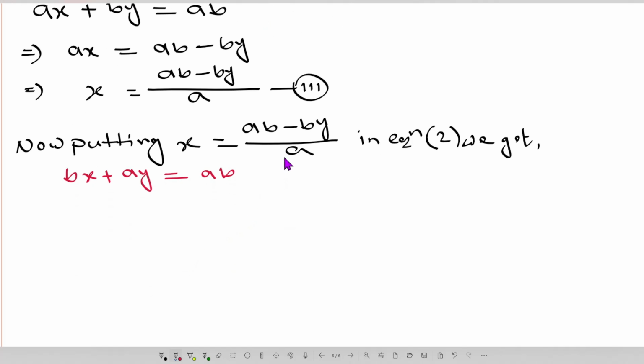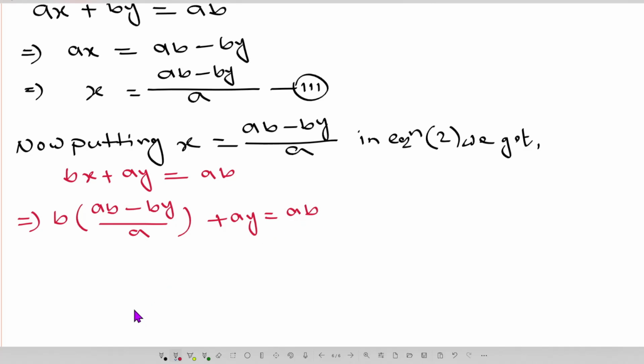So x means ab minus by divided by a. b times ab minus by divided by a, and plus ay equals ab, right?